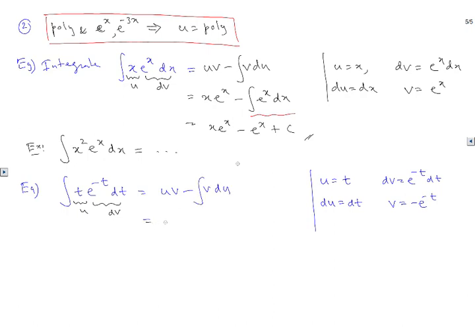So uv means negative t e^(-t), minus the integral of v du. v is negative e^(-t), du equals dt. And this is an easy integral, so it's negative t e^(-t) plus the integral of e^(-t) dt. This one is very easy to integrate, so you're going to get negative t e^(-t) minus e^(-t) plus C. So that's the answer.